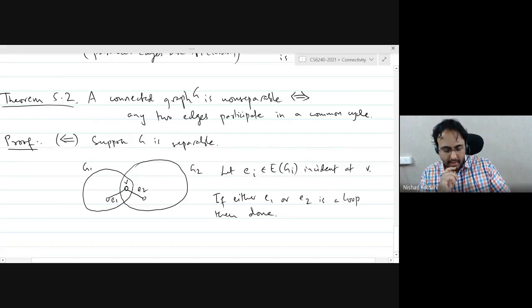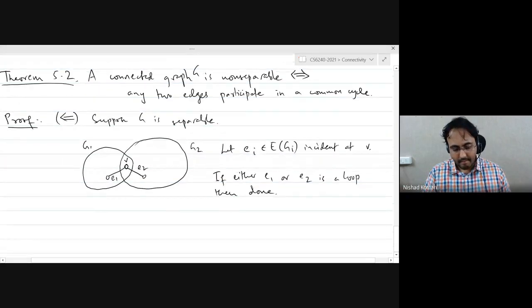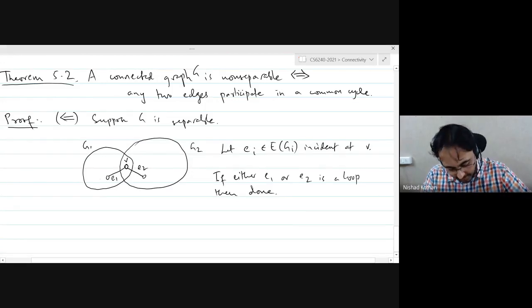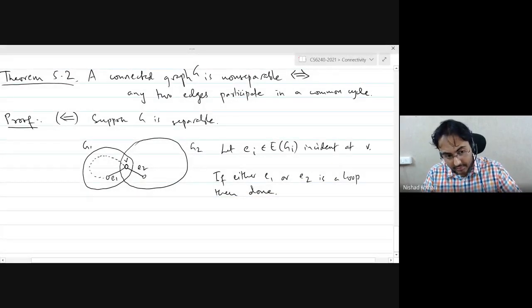Now, can they participate in a common cycle? What do people think? Can E1 and E2 participate in a common cycle? No, exactly, right? If you have a cycle containing E1, it will have to go like this and come back to this vertex, because it has to come back to that vertex eventually.